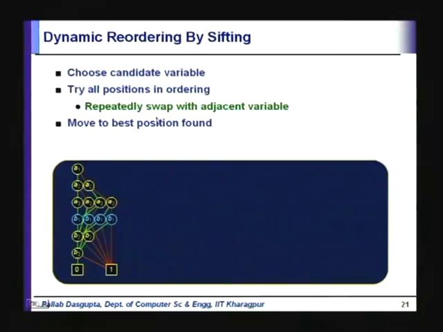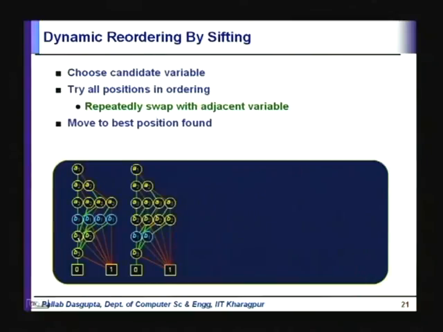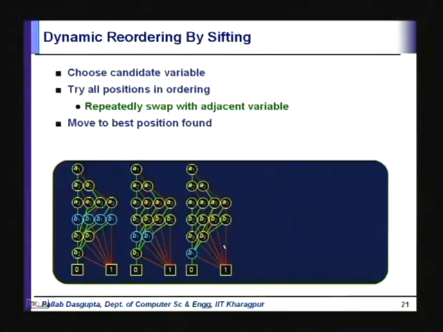So the idea, as I said, is just this, that you swap two layers. So here you had B1 and then B2, you just swap the two layers and bring B2 up and B1 lower, and then do further reductions to see whether the size goes down. So here it is again doing another level of reordering with B3 and B1, right. See, I have not shown any reduction here.